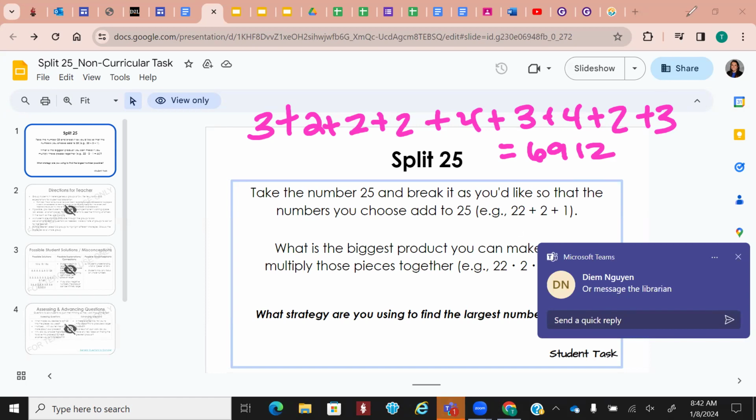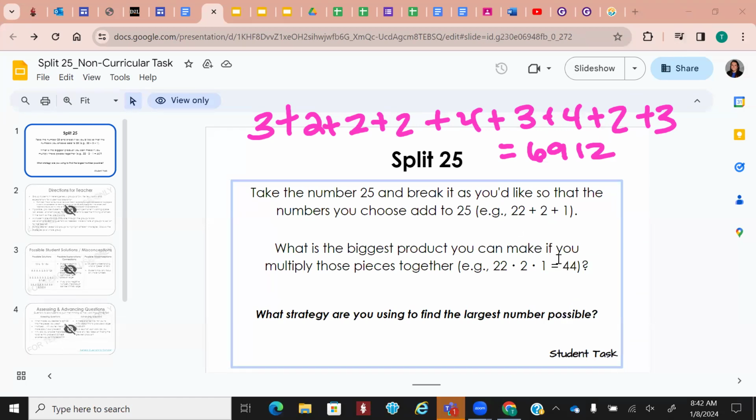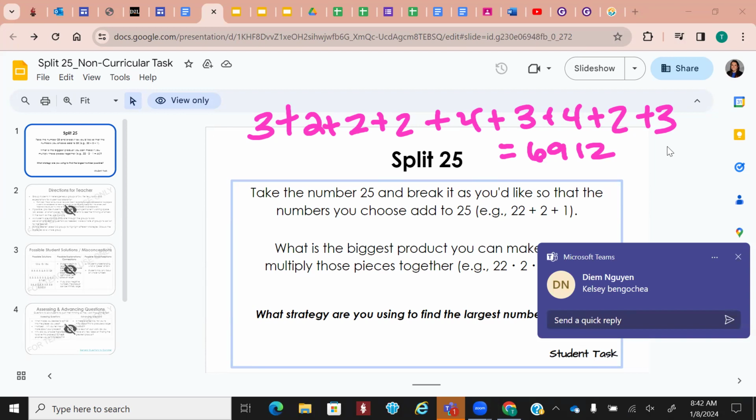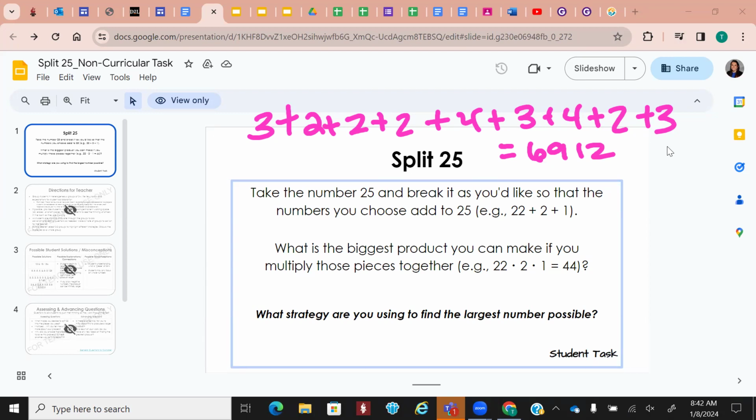No? There is a number that's bigger than that. Nobody got higher than 6,912? So why'd you break it down like this? Well, I started with three big numbers, and I kept decreasing them, bringing them down, and realized that I kept turning up bigger numbers.